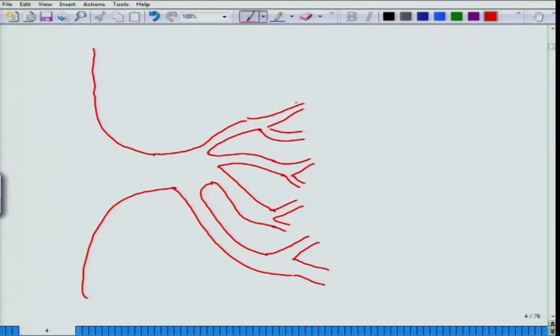And the red is, okay, from here the venule network is picking up.